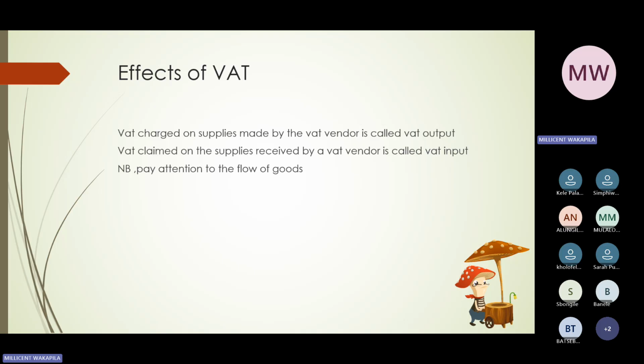When we are claiming VAT, we are claiming on the supplies received by the VAT vendor, and it's called VAT inputs. I'm going to make use of Pick n Pay as my example so that it can make sense to you. Pick n Pay is the VAT vendor, so it charges VAT when it sells products, or it claims VAT when it purchases products. You have to pay attention to the flow of the goods.